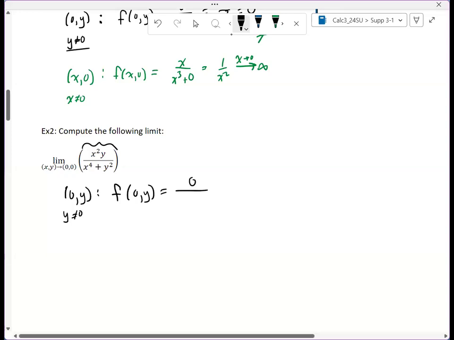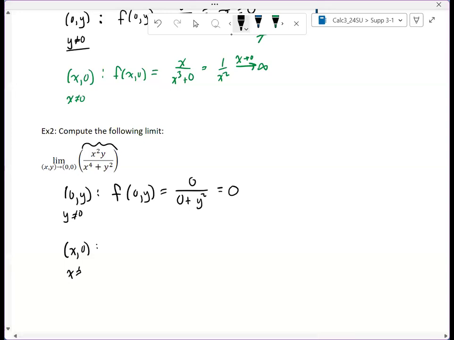I get 0 in the numerator. I get 0 plus y squared. So this isn't 0 over 0. It's 0 over y squared. That is 0. So along the y-axis, my function is just a constant 0 there. Of course, that limits to 0, and that suggests that the limit from this perspective ought to be 0.